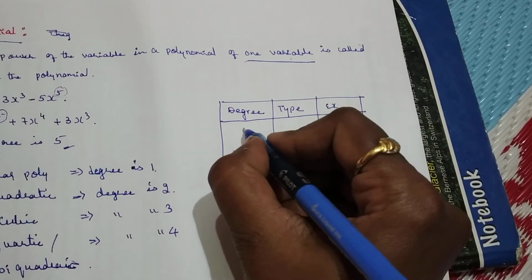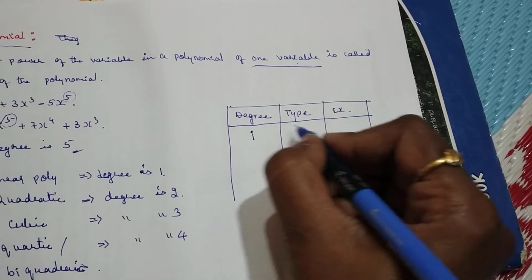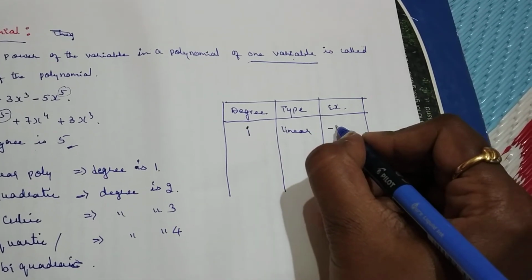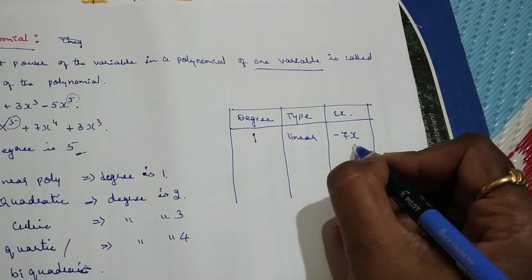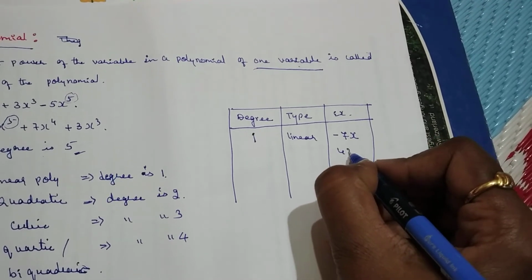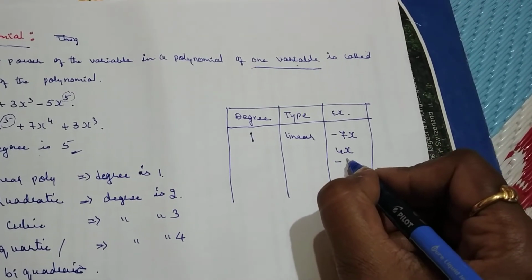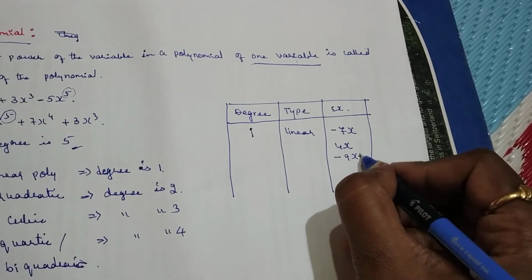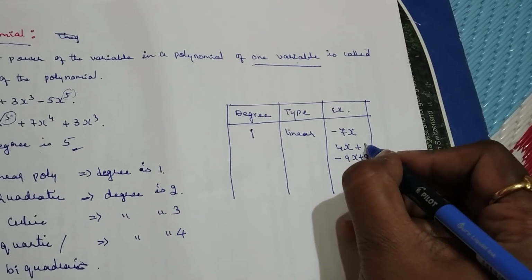So if the degree is 1, then it is said to be a linear polynomial. Then minus x, or you can give 4x, or you can give minus 9x. These are the examples for linear polynomial, or plus 9 or plus 3. So anything.